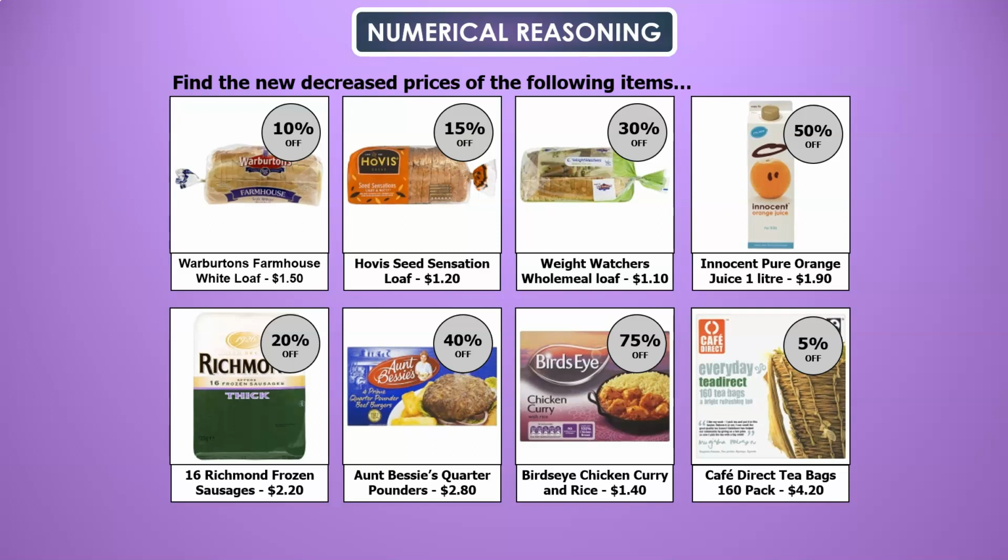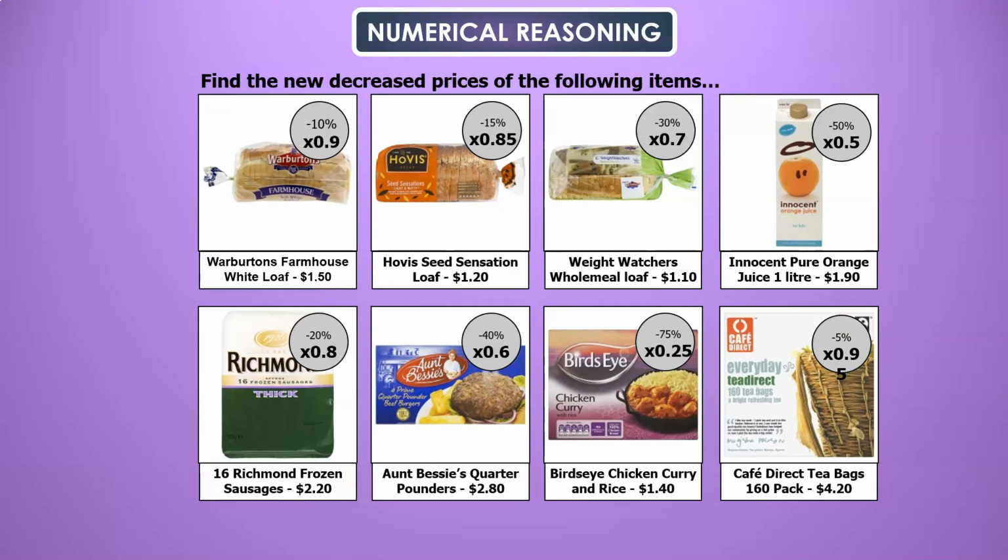Okay, hopefully you gave that a crack, and let's have a look at what the multipliers are. So 10% off, starting over here, is 0.9. 15% off is 0.85. 30% off is 0.7. 50% off is 0.5.